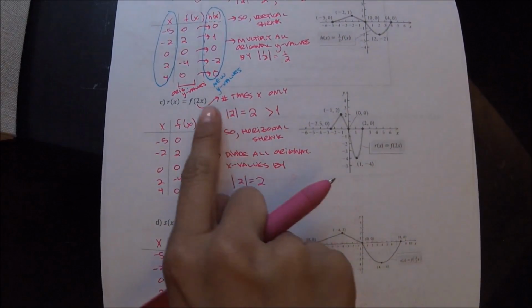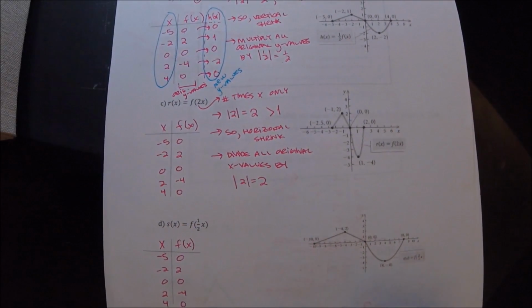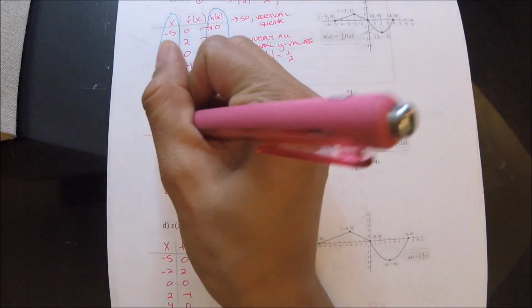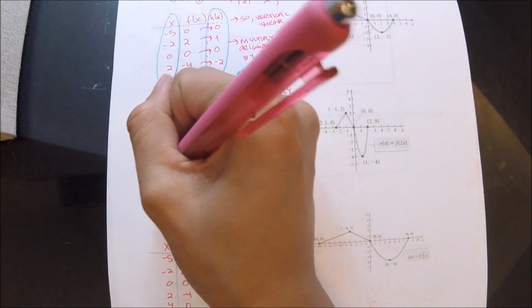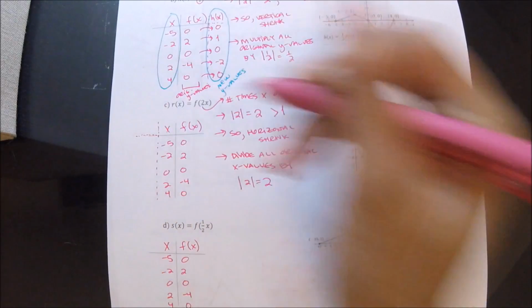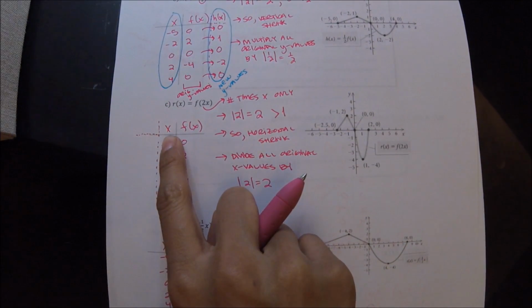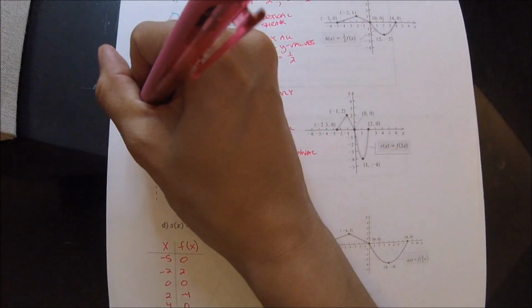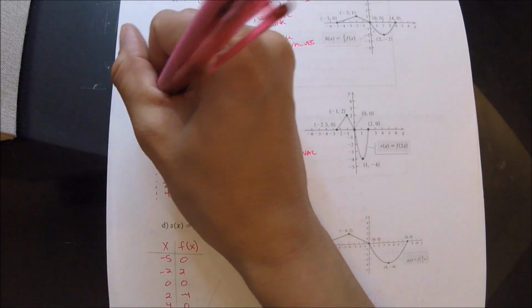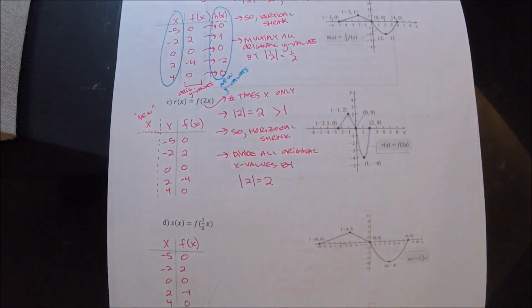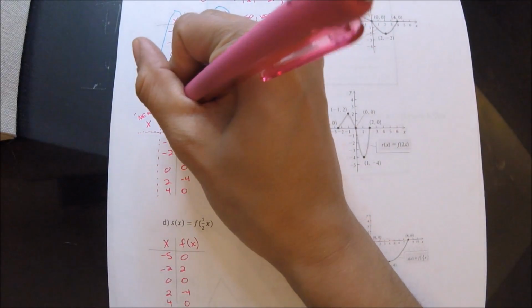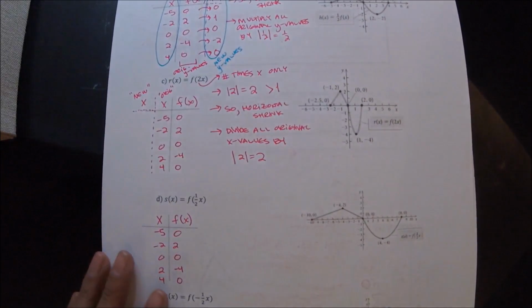So instead of adding a column to the right, I'm going to add a column to the left next to the x values. So these are our original x's, and then this is going to be our new x's. So these are the original x's, and these ones are new.